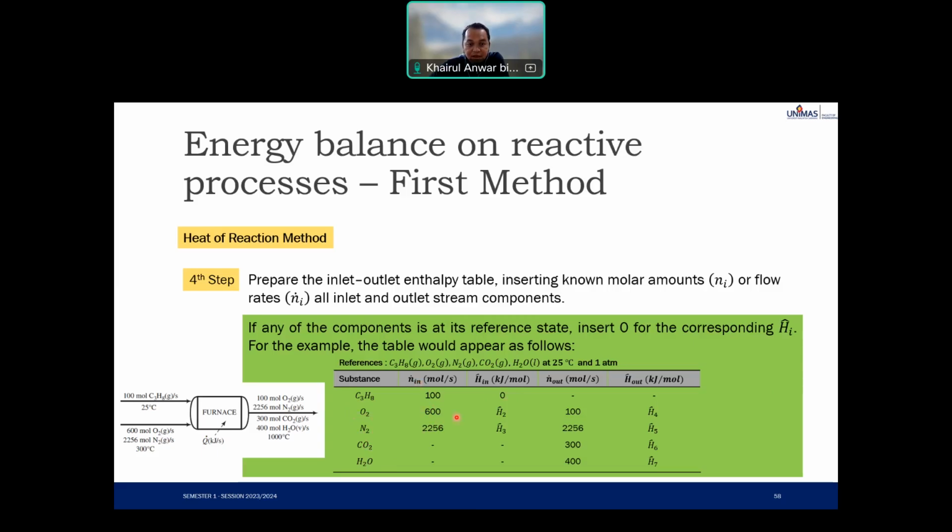For n in, oxygen is 600, nitrogen 2256, and so on. Same then for H out. How many? 5. Oh, sorry, 6. Then calculate the enthalpies.